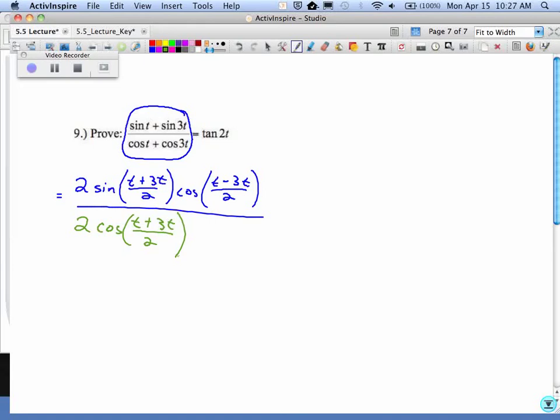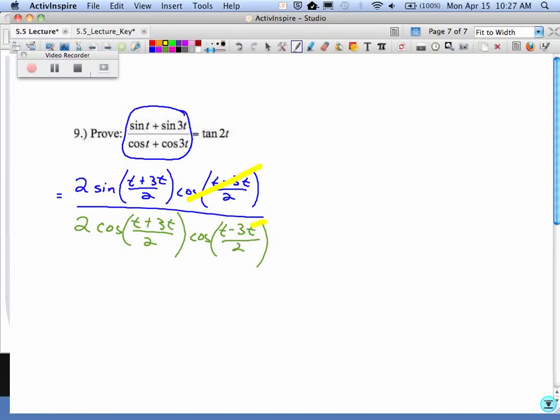So you do t minus 3t divided by 2. All I'm doing is following the pattern that's in the box. If somebody's adding sines together, you should follow what's in blue. If somebody's adding cosines together, you should follow what's in green. What crosses off? Cosines are the same top and bottom. Get rid of them. 2 is the same.